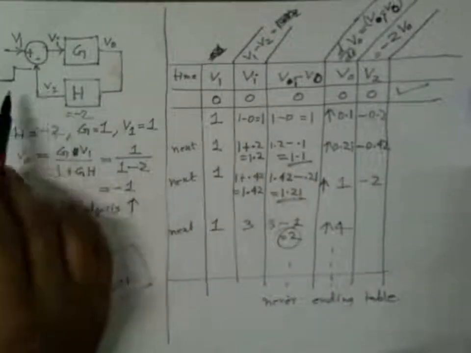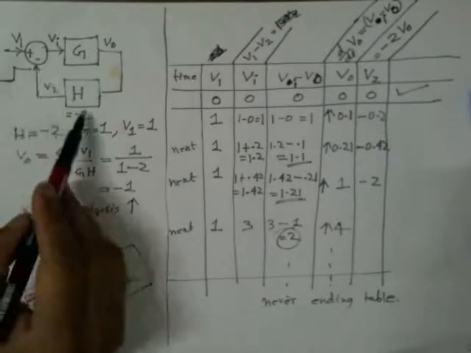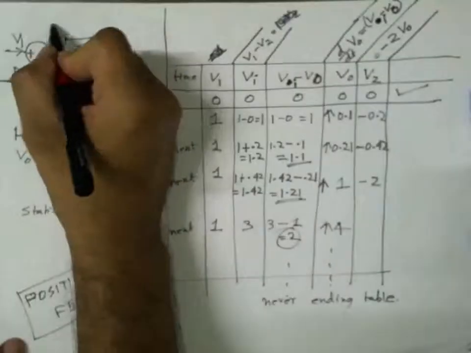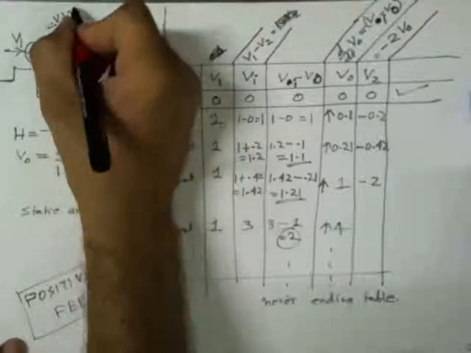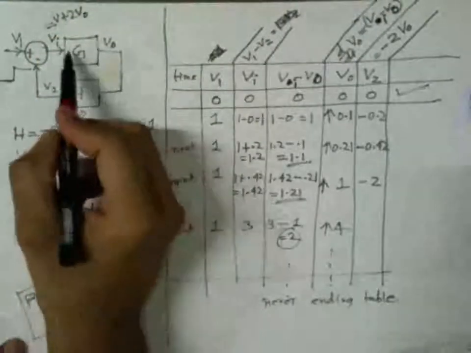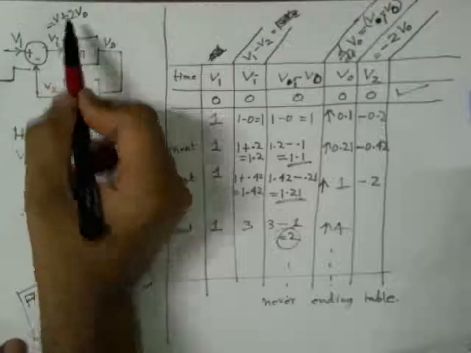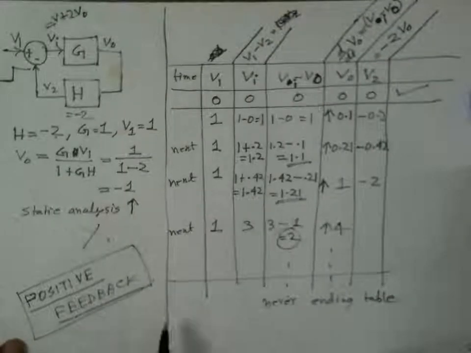And then this summer is actually subtracting the minus 2 times V0, which essentially means it's adding V1 and 2 times V0. So it's actually doing a positive addition of this output with this V1. So that's why we call it a positive feedback.